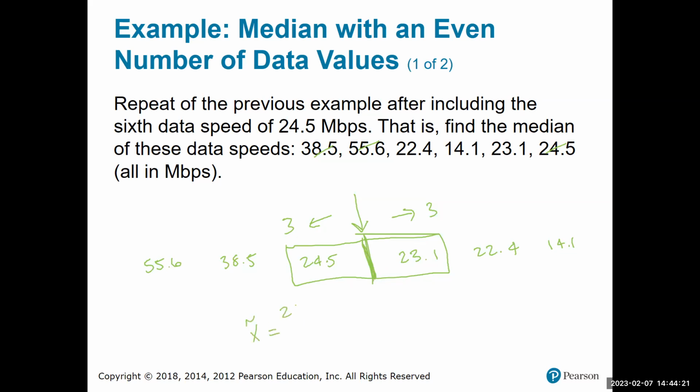So I'm going to say 24.5 plus 23.1 divided by 2. I'm going to average those. So it's 47.6 divided by 2, and whatever that is, that's going to be my median in this case. And that happens when you have an even number of data values. So 47.6 divided by 2 is 23.8.